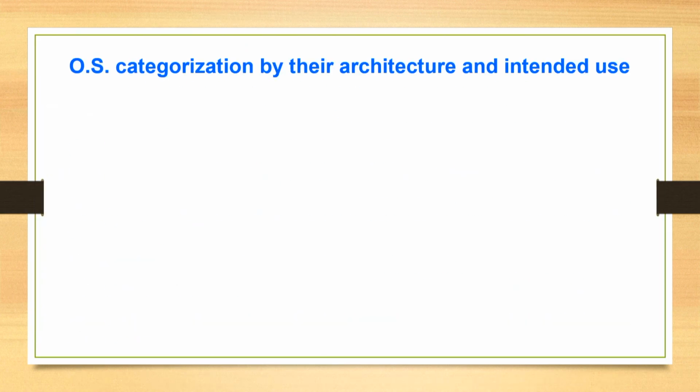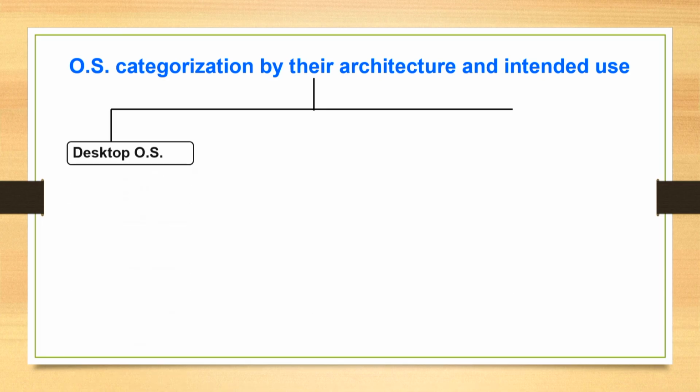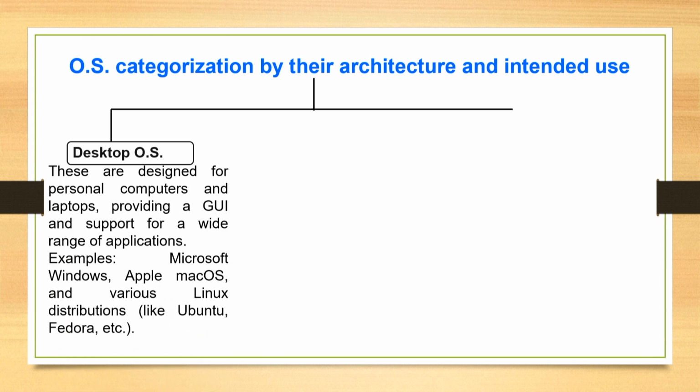Next, I'll discuss the categorization of an operating system depending upon their architecture and intended use. So what are these? Desktop operating system. What is a desktop operating system? From the name itself, it's very clear. Desktop means the personal computer.